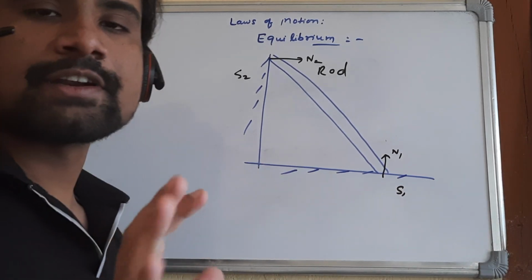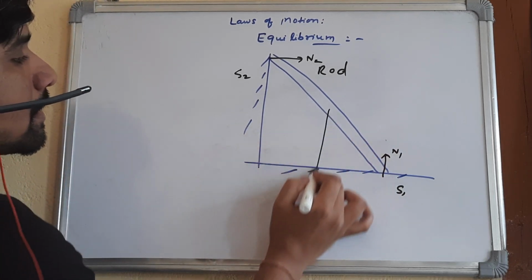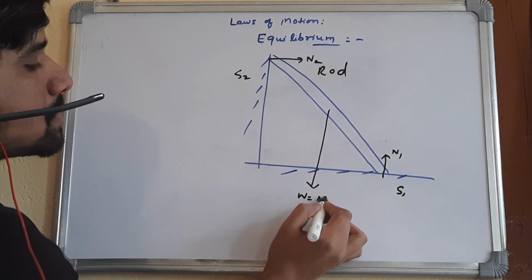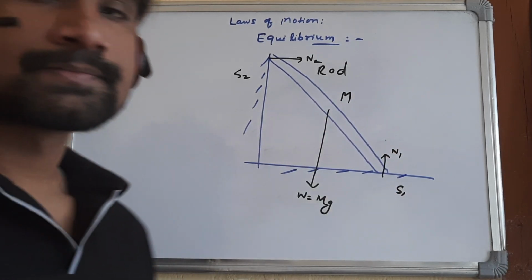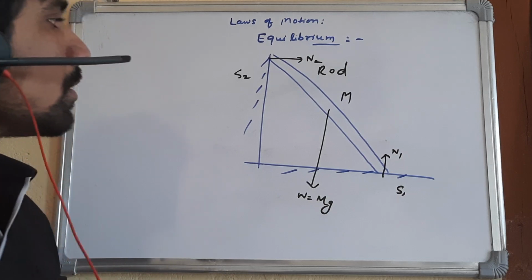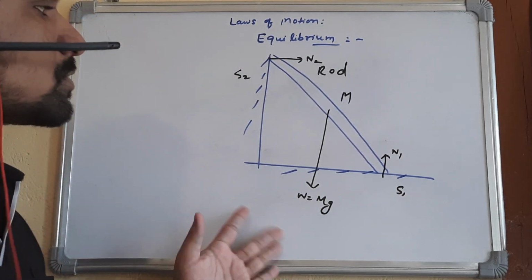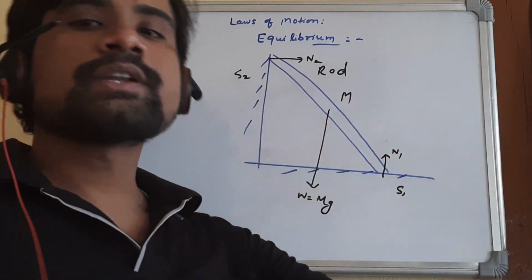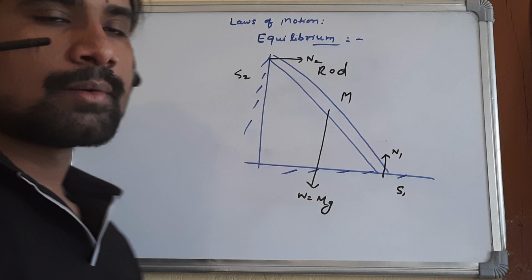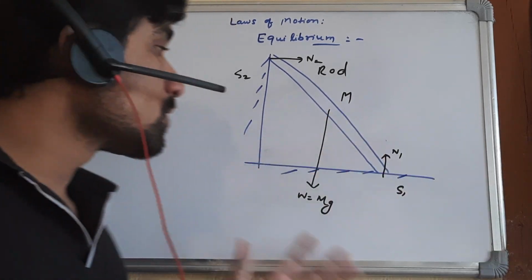Now we know that gravity is everywhere, so third will be W, which is equal to mg, if m is the mass of the rod, right? Now when we talk about equilibrium, this being an equilibrium basically means that there is no motion along any of the axes. So there are two axes to this.